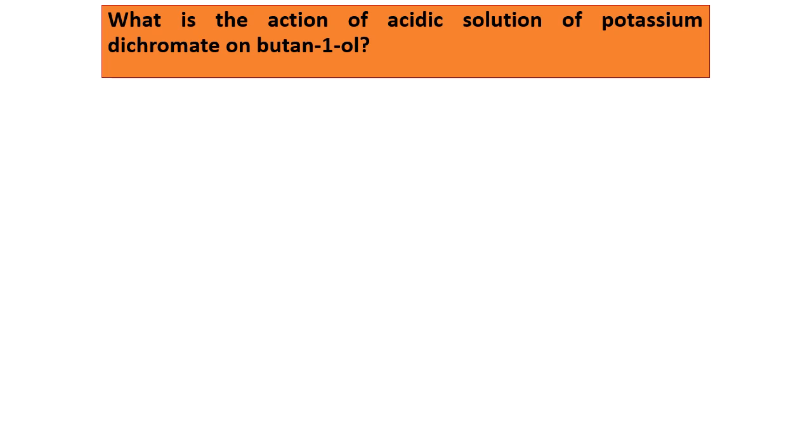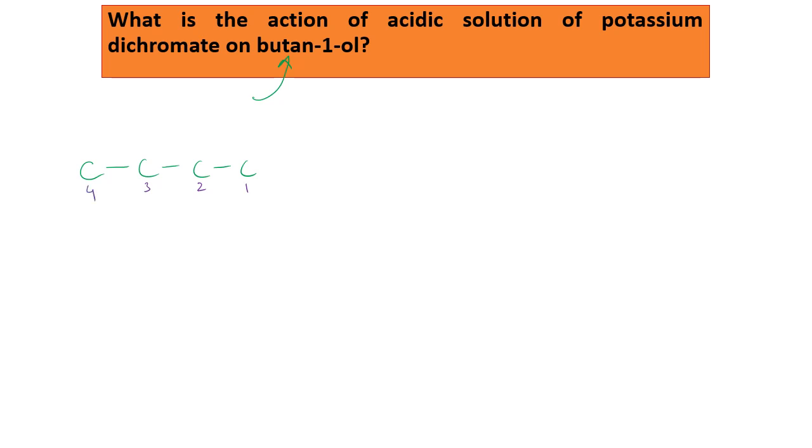The question is, what is the action of acidic solution of potassium dichromate on butan-1-ol? So butan-1-ol, as you know, contains how many carbons? 4 carbons. A 4-carbon chain, 1, 2, 3, 4.